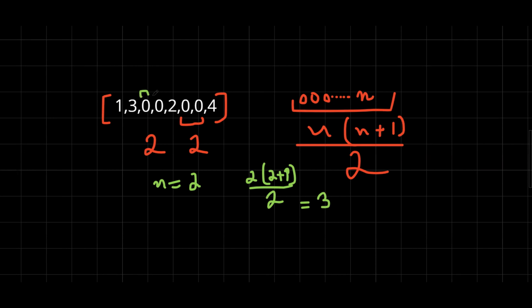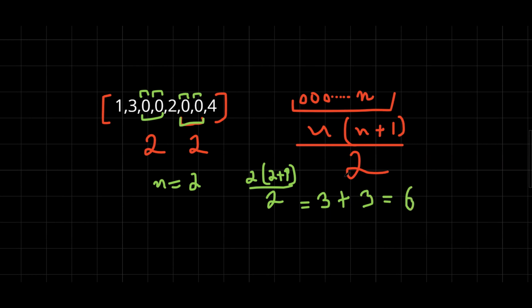One is this, another is this, and another is this. Similarly, this subarray also has 3 subarrays with all elements 0. One is this, another is this, and another is this. So it has a total of 3 plus 3, which is 6 subarrays.